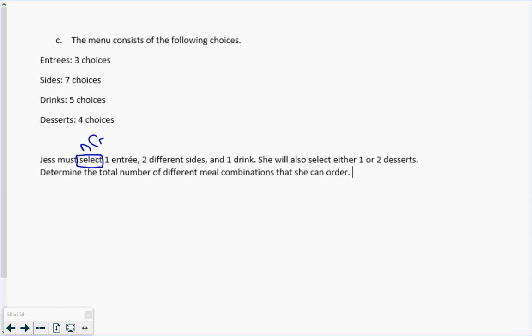Okay, this one's kind of mean because you've got 1 entree and 2 different sides and 1 drink. And means times. So she's going to select 1 entree. So 3 choose 1 for the entree. And 7 choose 2 for the sides.